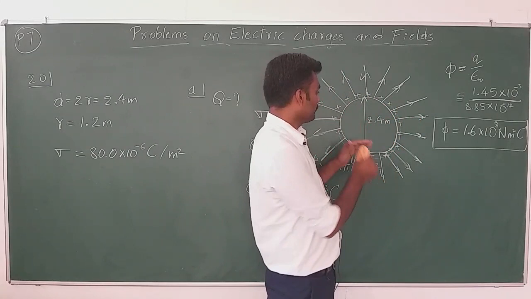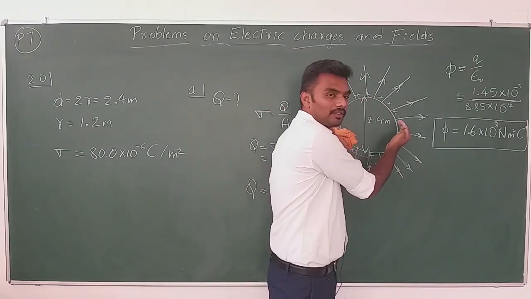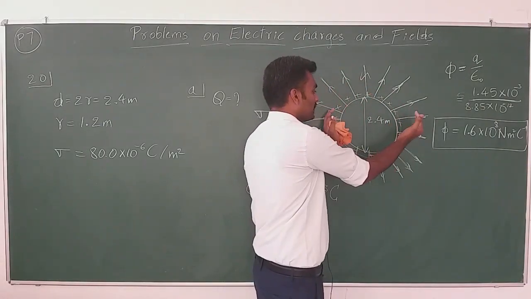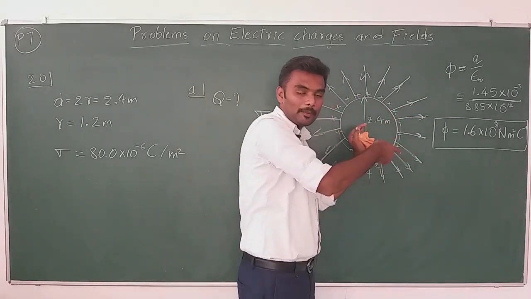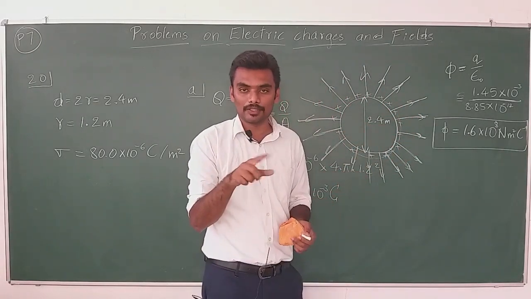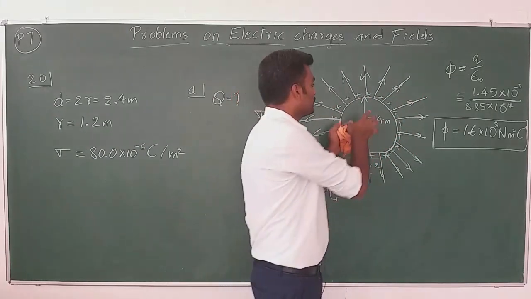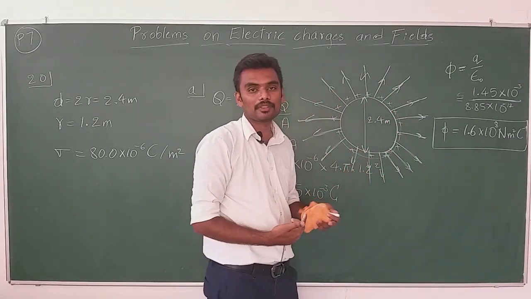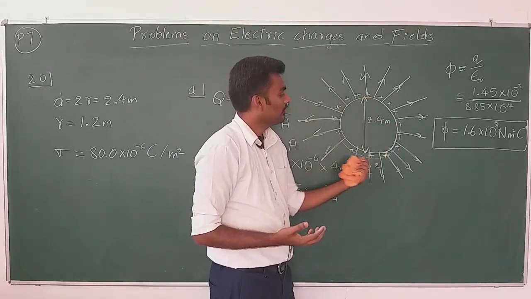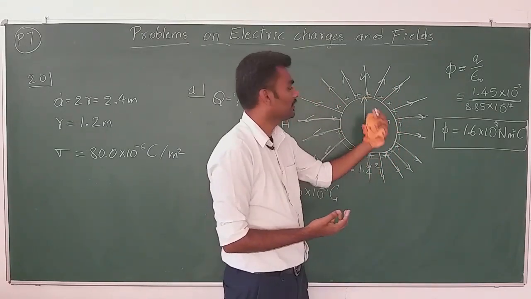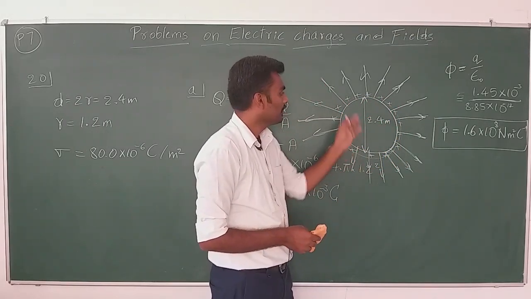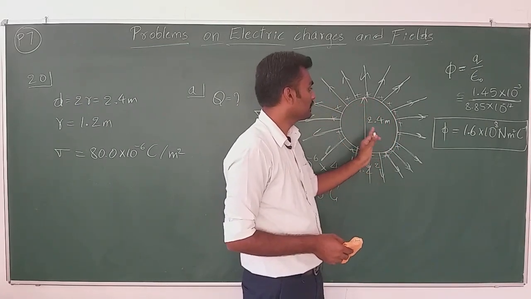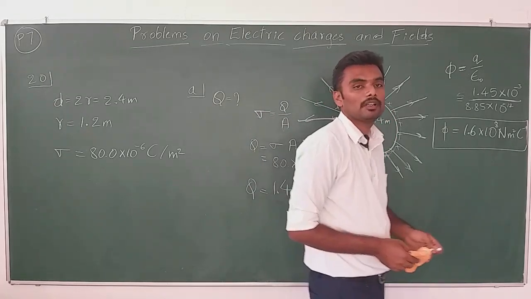Now if you assume the Gaussian surface to be of radius less than the radius of the given spherical body, which means the Gaussian surface lies inside the sphere, then the total flux would always be 0, because there is no electric field inside a spherical conducting body. So when you assume a Gaussian surface inside, the total electric flux is 0.